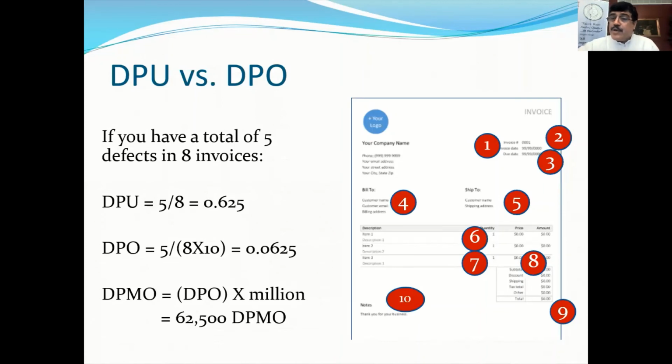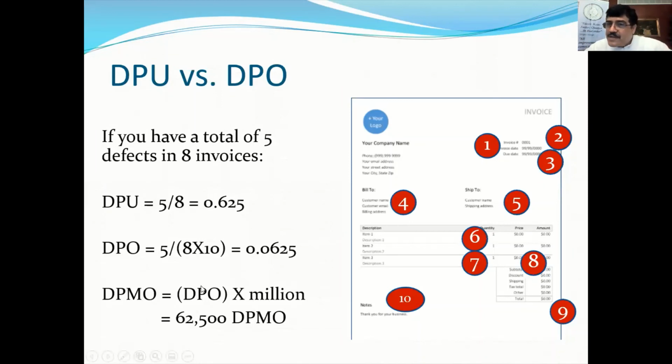And again, the process capability that we did before is normally for continuous data, but if you don't have continuous data, if you're measuring it in a count data world, then you want to measure this.